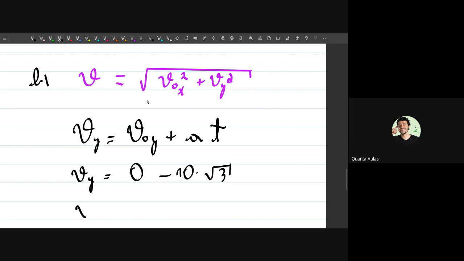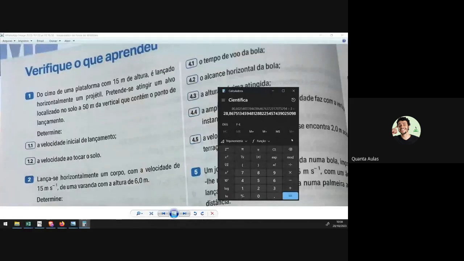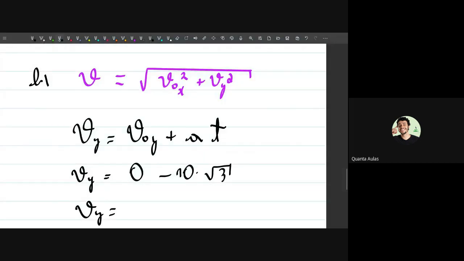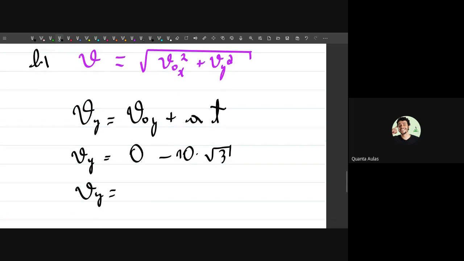Okay, so if you do this math, I suppose the square root of 3 is 1.7 something, times 10, 17.3. This is the velocity here, 70.3.